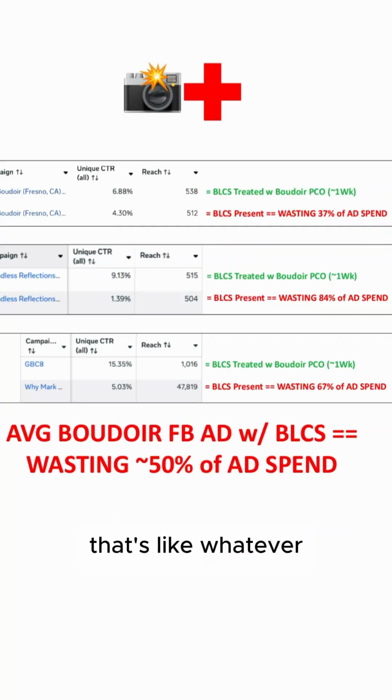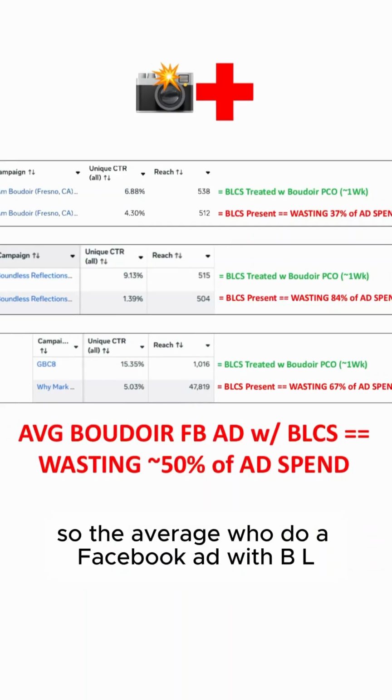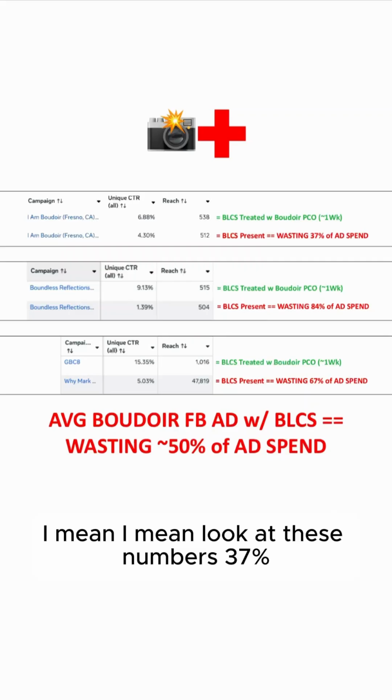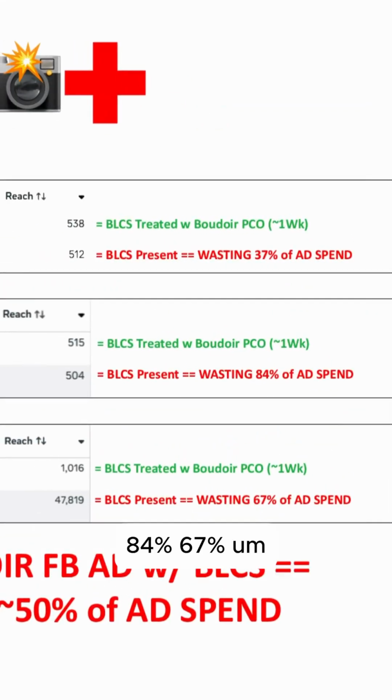So it's like whatever, 80K bonus over the next 12 months, kind of back in his pocket. So the average Boudoir Facebook ad with BLCS is wasting approximately 50% of ad spend. Literally, I mean, look at these numbers: 37%, 84%, 67%.